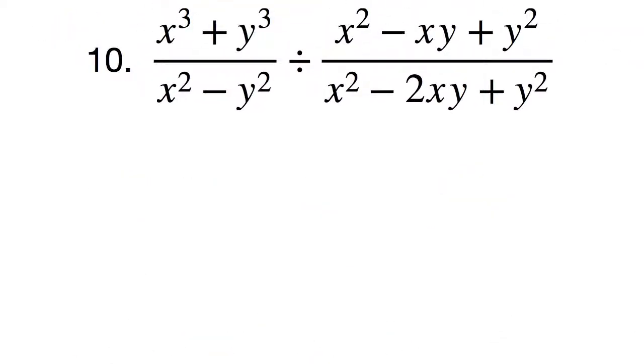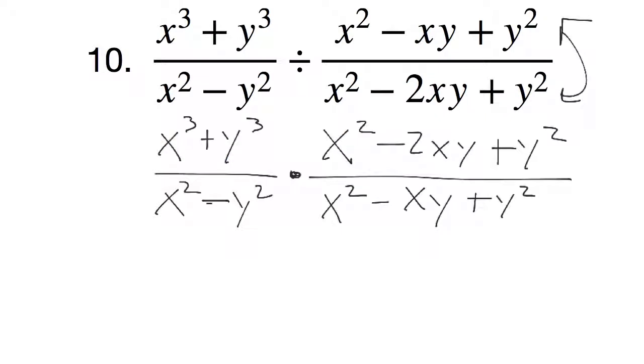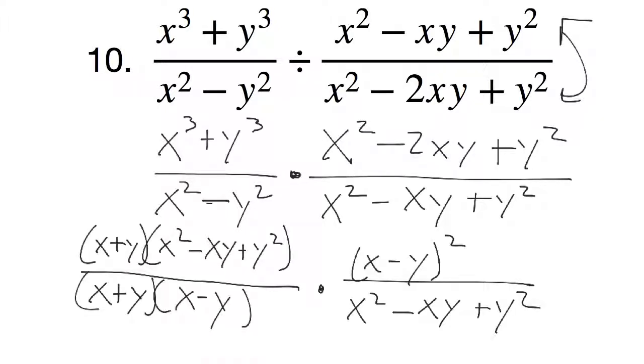Let's divide these fractions. So we get, in order to divide, we have to multiply by the reciprocal, so we just flip the second rational expression, and then we got to factor them. So here they are factored, and you can write them down, and then you notice that we have some things that we can cancel.